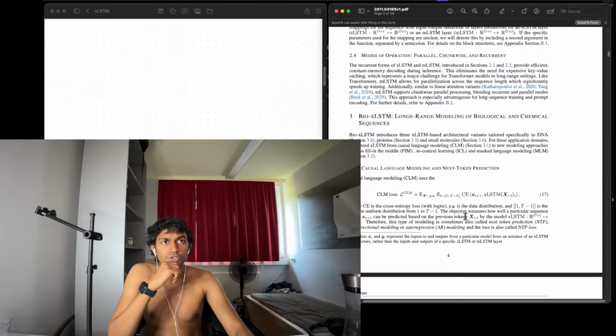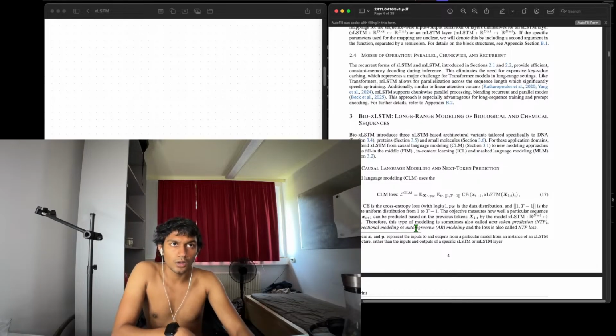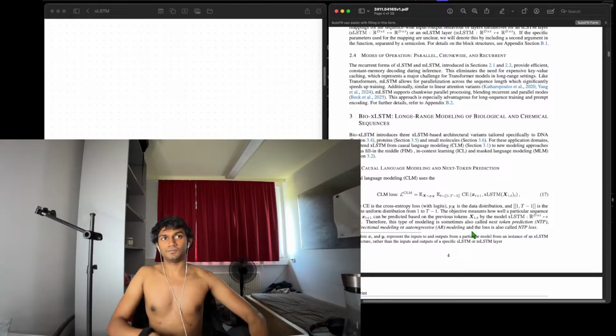The objective measures how well a particular sequence token can be predicted based on the previous tokens X1 to t by the model XLSTM, R d cross X to R d cross X. Therefore, this type of modeling is sometimes also called next token prediction, unidirectional modeling, or autoregressive modeling, and the loss is called NTP loss.